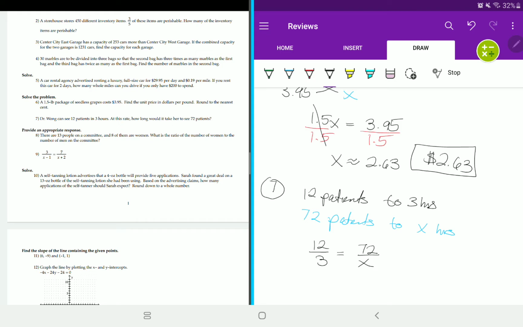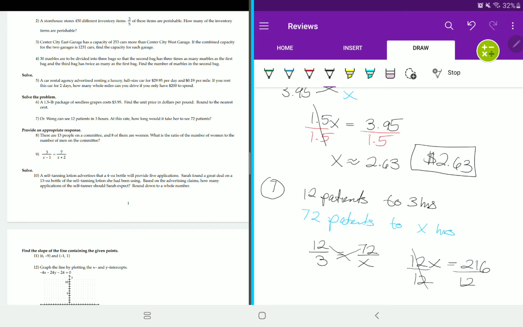Let's solve for X, and X would be the number of hours, by cross multiplying. 12 times X is 12X. 72 times 3 is 216. To get X by itself, we're going to divide both sides by 12.